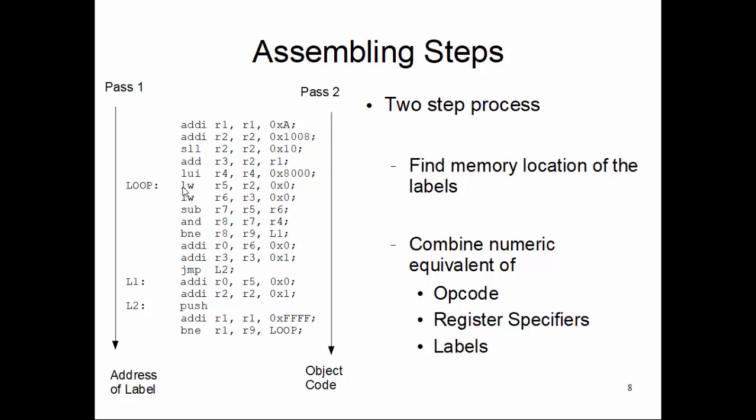For our case, it will be LW R5 R2 0 cross 0. Wherever that instruction is copied in the memory during the execution of this program, your loop is that address.